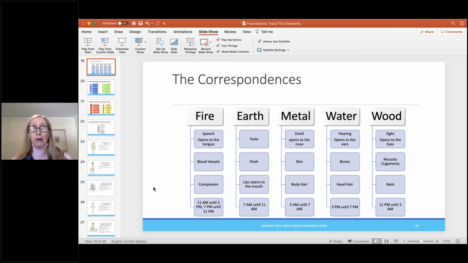Someone comments, it seems like I'm disturbed in all of these. Oh, right. As you get older, it's true. With the wear and tear of life, you start to see imbalances in a lot of your organs and systems. And that's why you don't diagnose yourself and you don't treat yourself, because if we were being honest with ourselves, we would see areas of weakness and strength in all of the elements inside of ourselves.